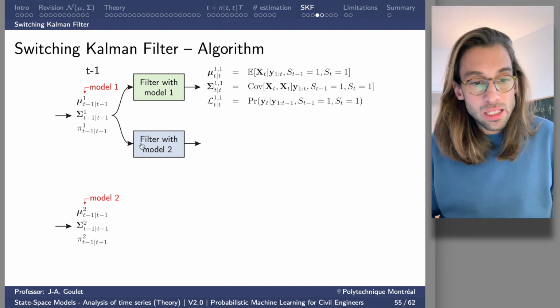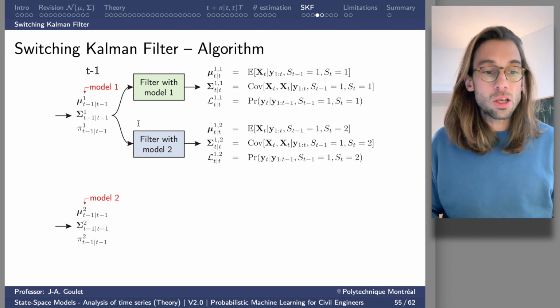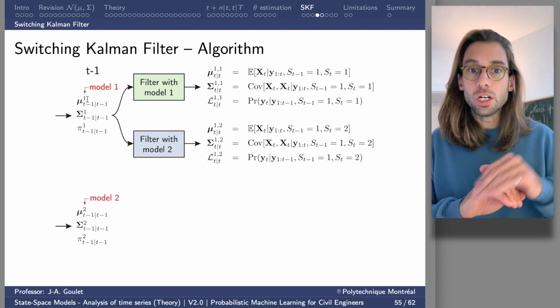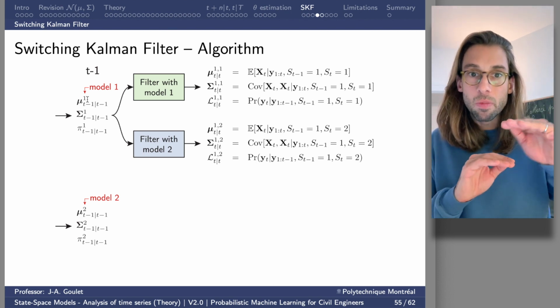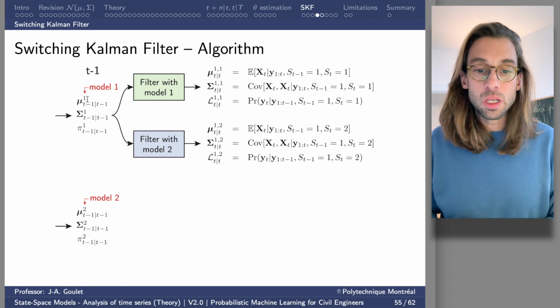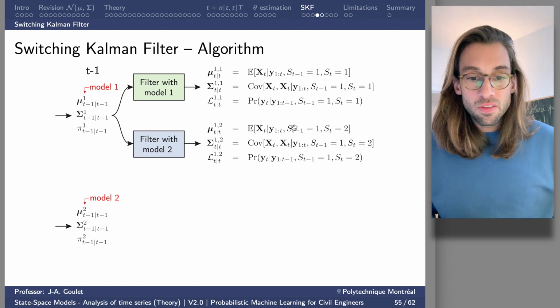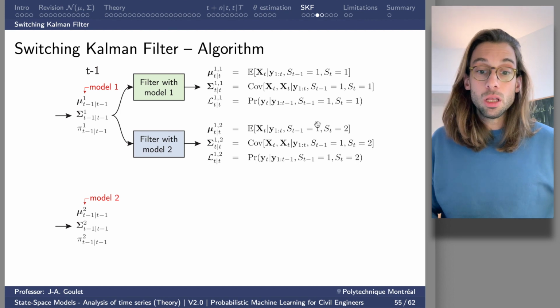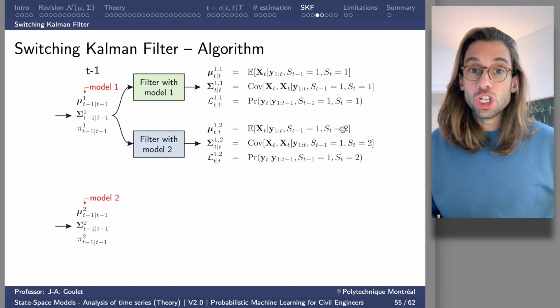Then I could have transited through the second model. Okay, so I was in a zero speed model at time t-1, but I assume that now I have a regime switch. I depart from the zero speed model and I go with a constant speed model. So this is the expected value given that I was at time t-1 in the regime 1, but then I have switched to regime 2.